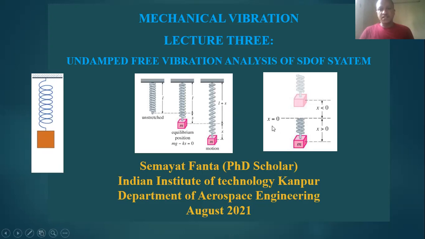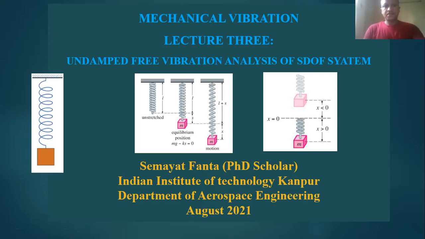The oscillation of the mass about its static equilibrium position goes back to the extreme point, and it goes down to the extreme point. So it will vibrate like this. This kind of motion is called simple harmonic motion, or the free vibration case.